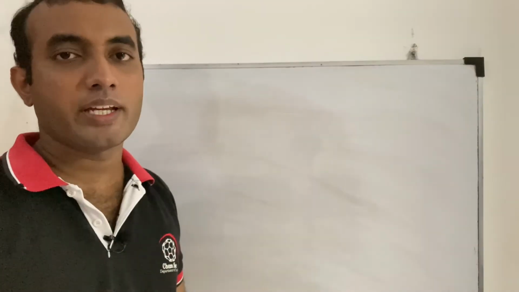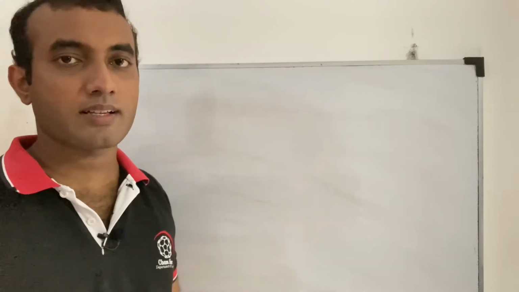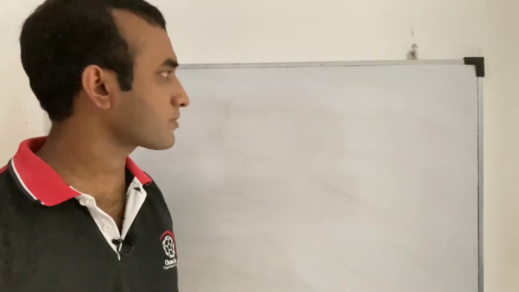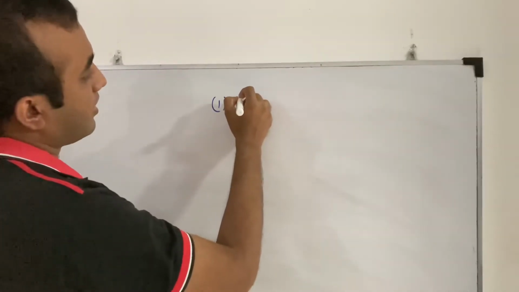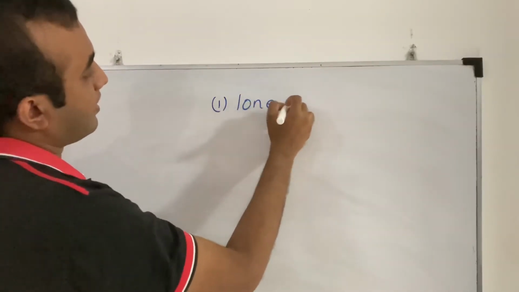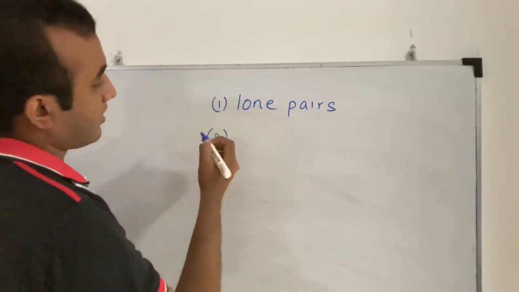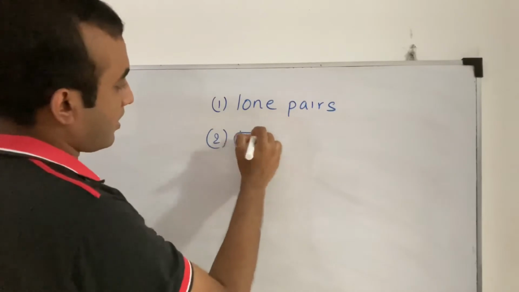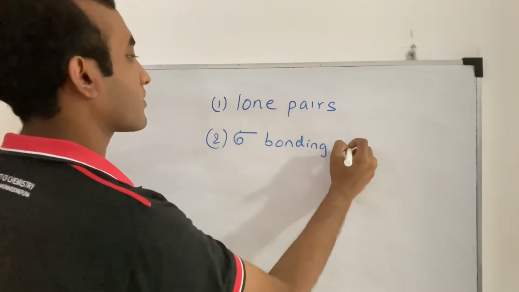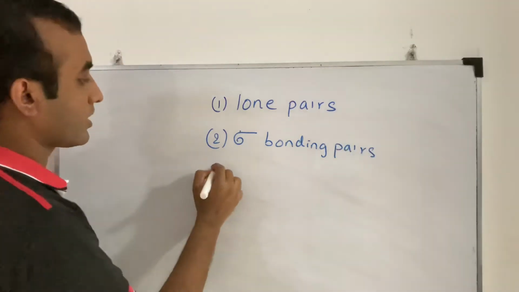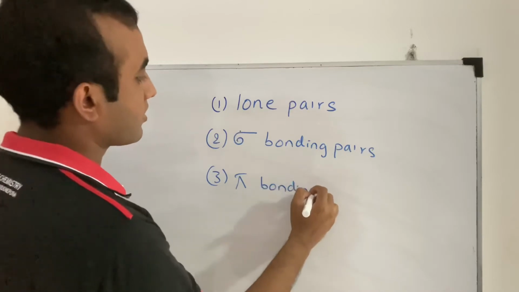So before going into the method, let's try to understand what the types of electron pairs are that can be around an atom. First we have lone pairs, and there can be sigma bonding pairs, and also there can be pi bonding pairs.